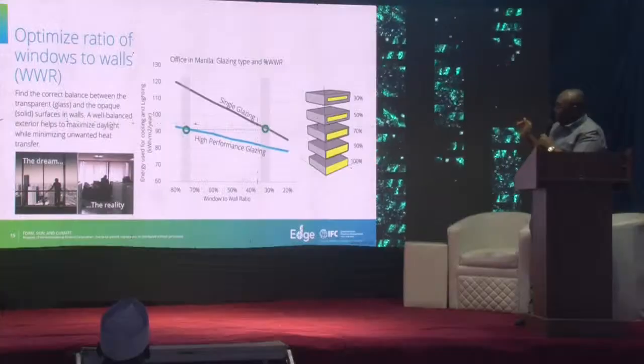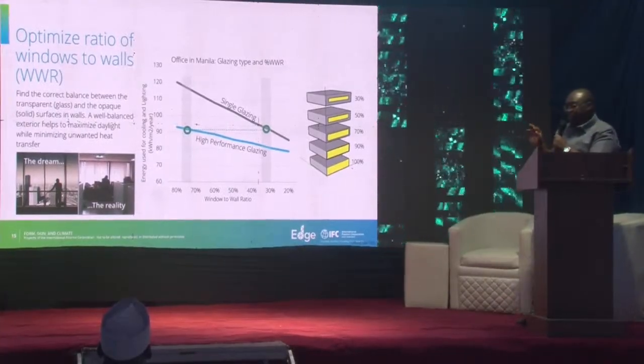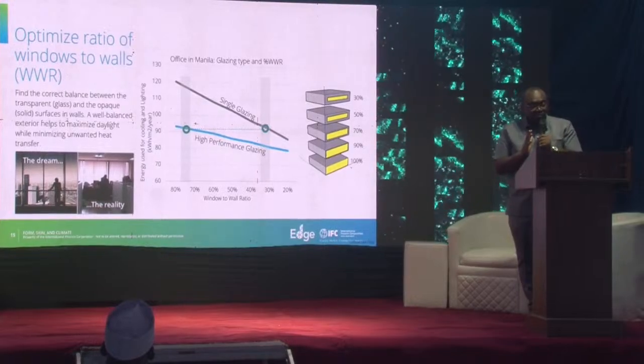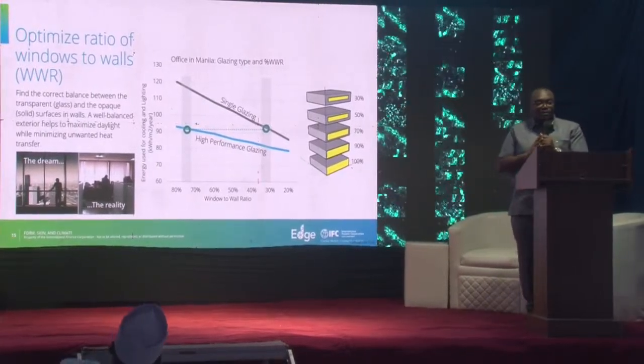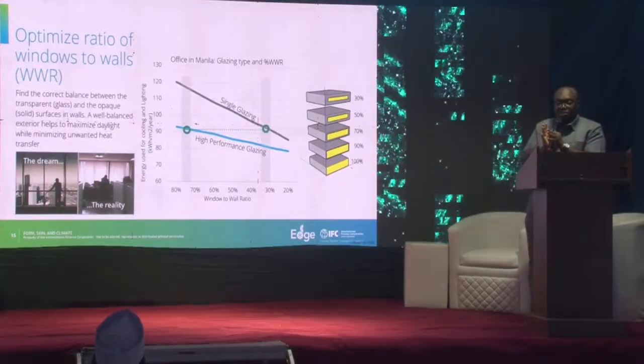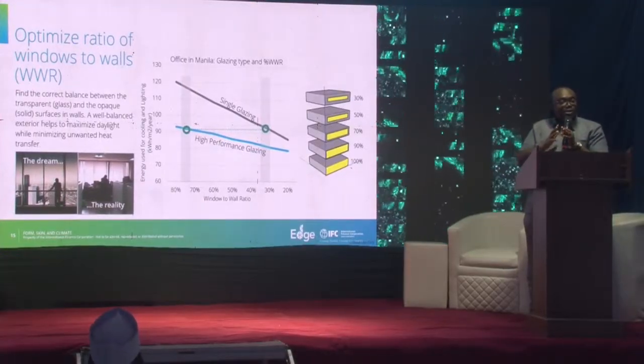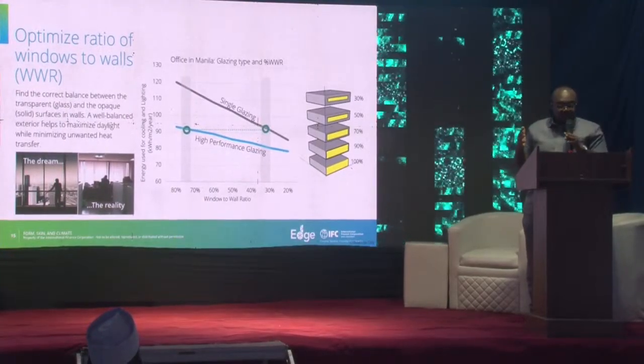And the last aspect I want us to look at, one of the other concepts that we need to look at, is the concept of window to wall ratio, right? We all might have the perception around having large windows in our spaces, right? Because the idea is you want to bring in more air into your space, right?